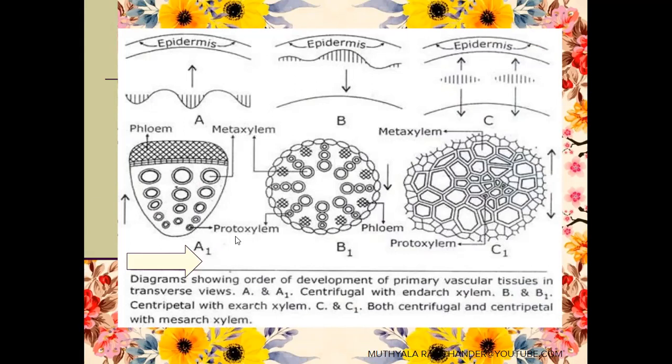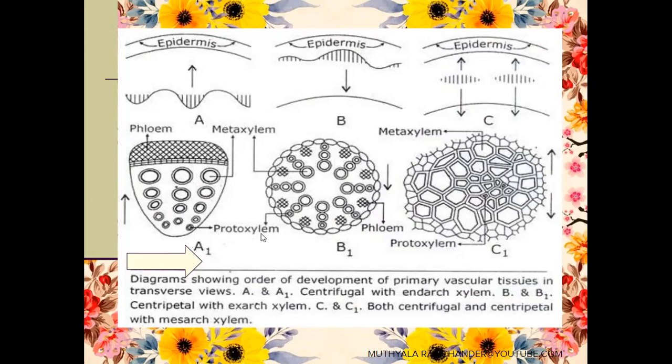Based on the position of protoxylem, the primary xylem is divided into three types in the young parts of plants. One is endarch protoxylem, also called centrifugal protoxylem.